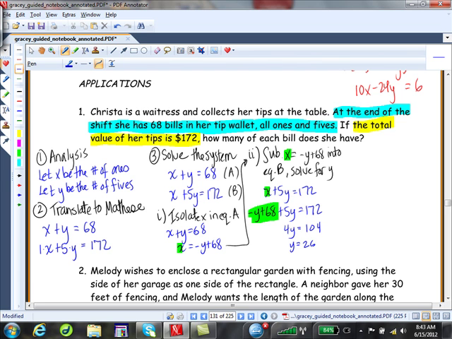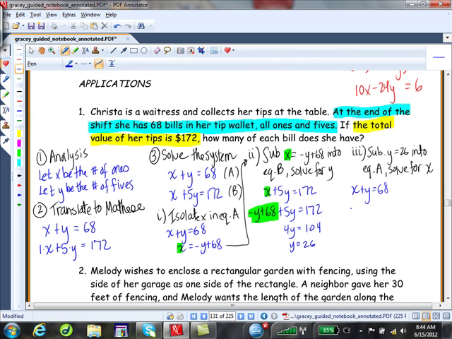Okay, almost there. Our third step in solving the system, substitute y equals 26, and I'll do that into equation A, and we'll be able to solve for x. So equation A was x plus y equals 68.